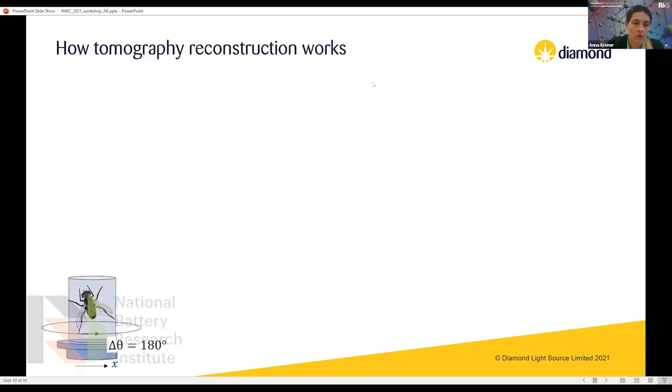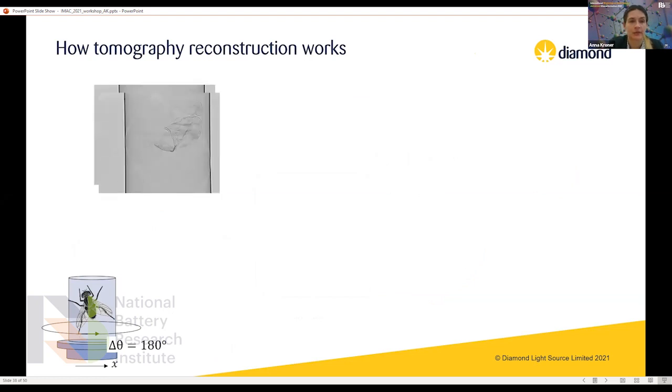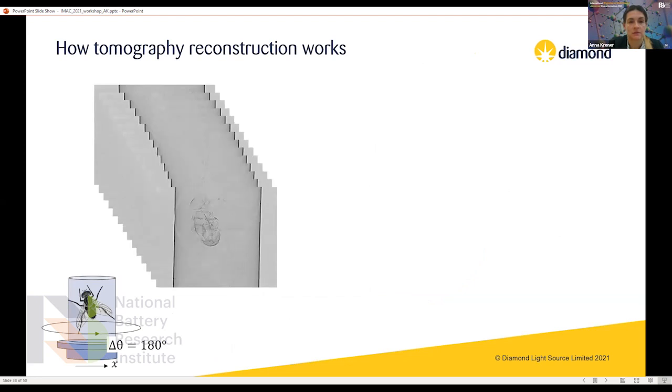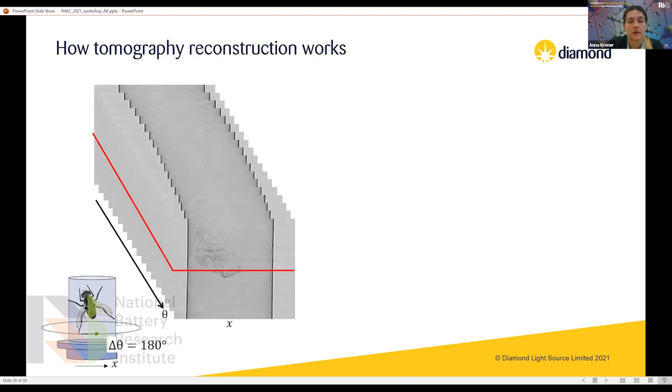Just to give you a bit more realistic example, when we want to study a fly as a whole, we rotate the fly from 0 to 180 degrees, and we obtain the images. You can see they are all the different orientations.